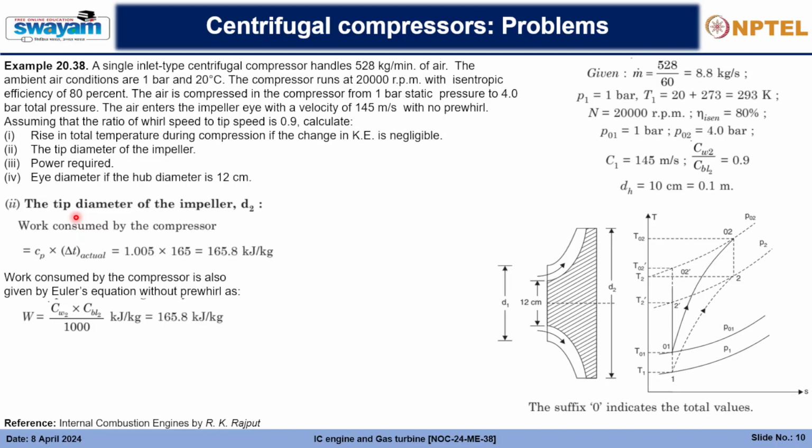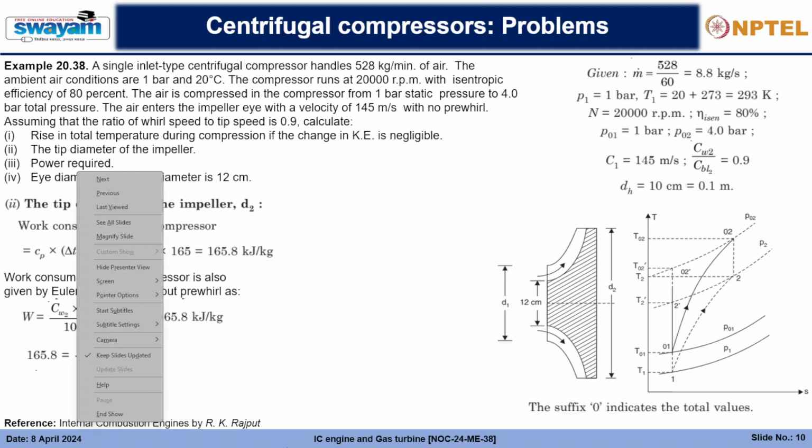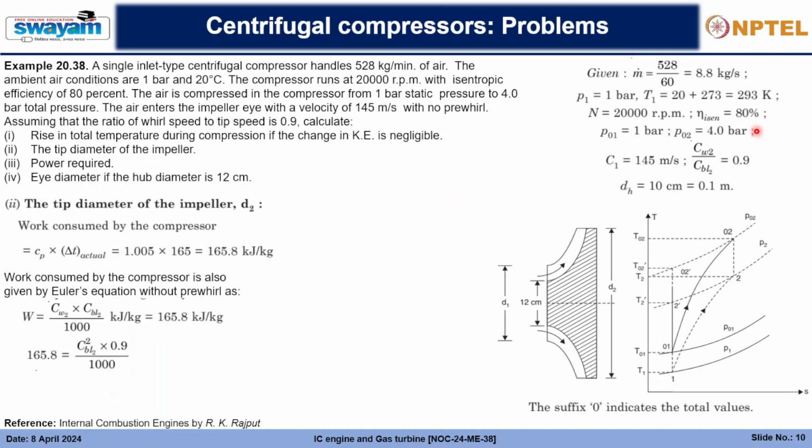Now we can use the ratio CW2 divided by CBL2 equals 0.9. So CW2 is 0.9 of CBL2, and that is being put out here. So we'll get the blade velocity, which is 429.2 meter per second.